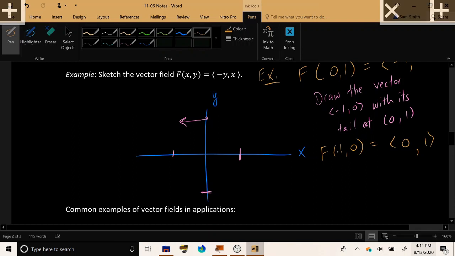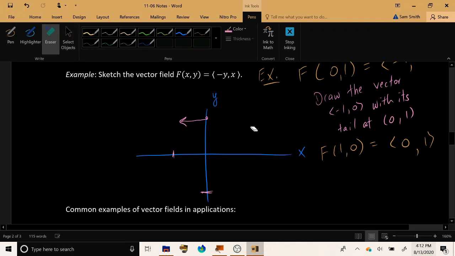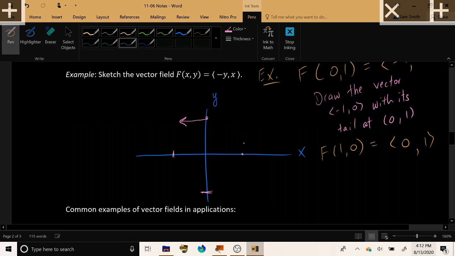So at the point 1, 0, I will draw the vector 0, 1. From here, it's going to point straight up in the positive y direction. And we continue to do this process.